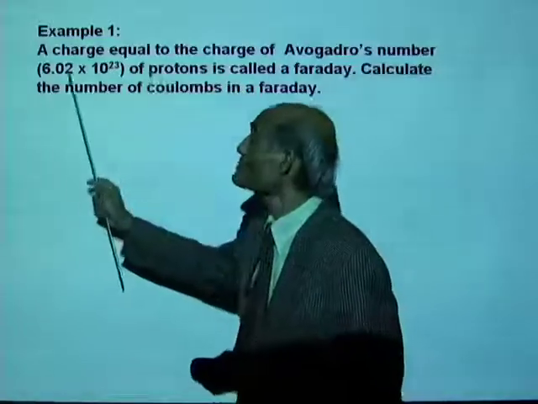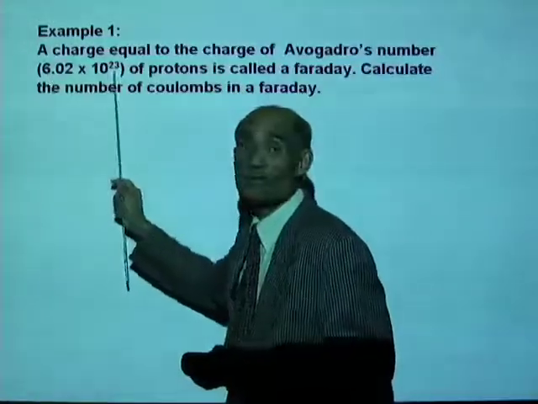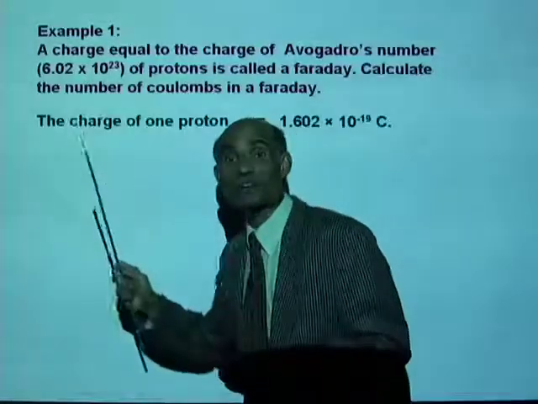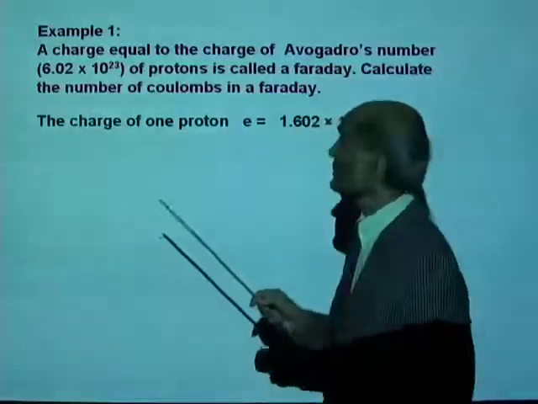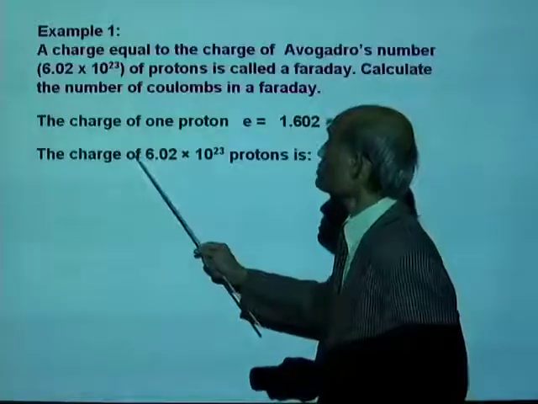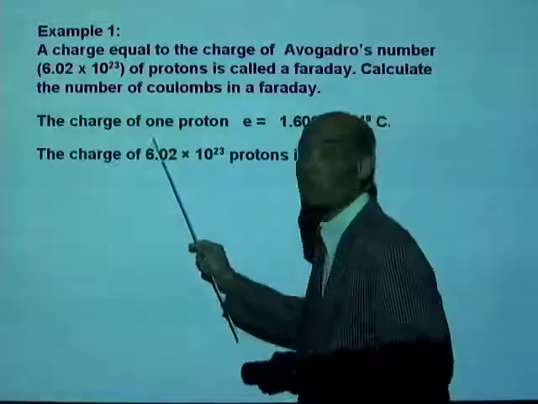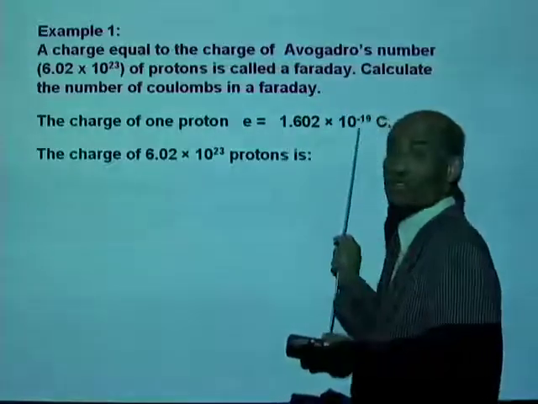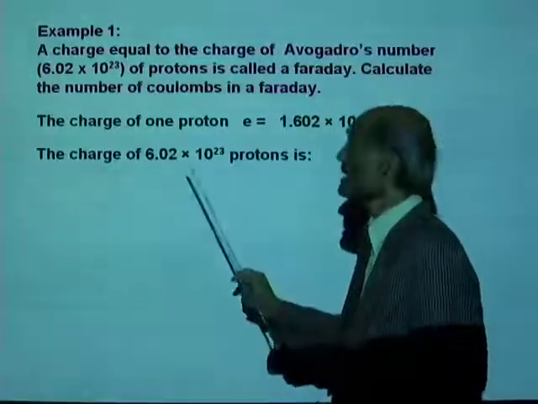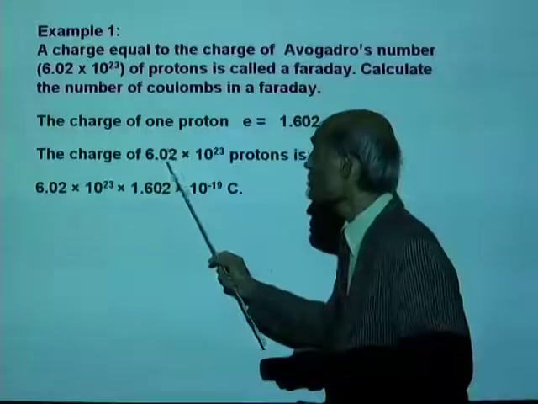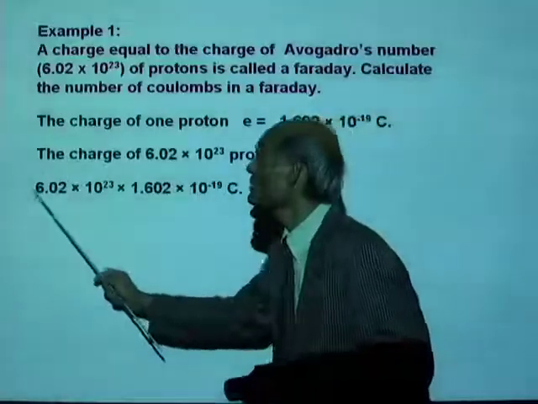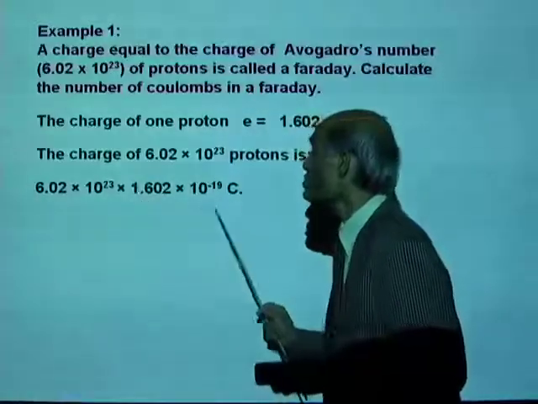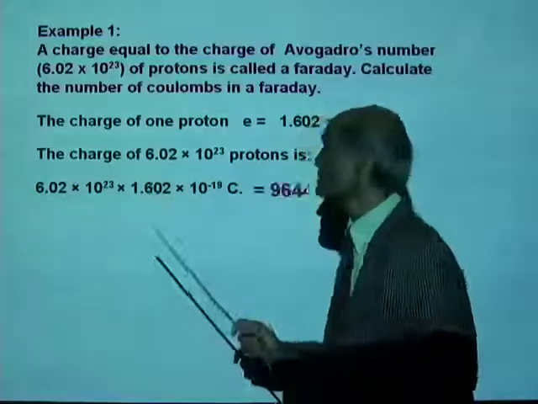So all we need to do is multiply the total number of protons by the charge carried by a proton. Each proton carries this basic unit. Therefore, the charge carried by these many protons is the number of protons multiplied by the charge carried by 1 proton.